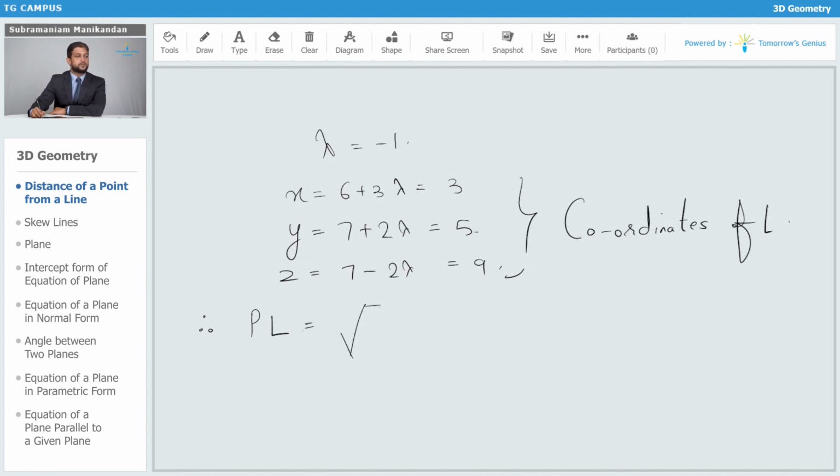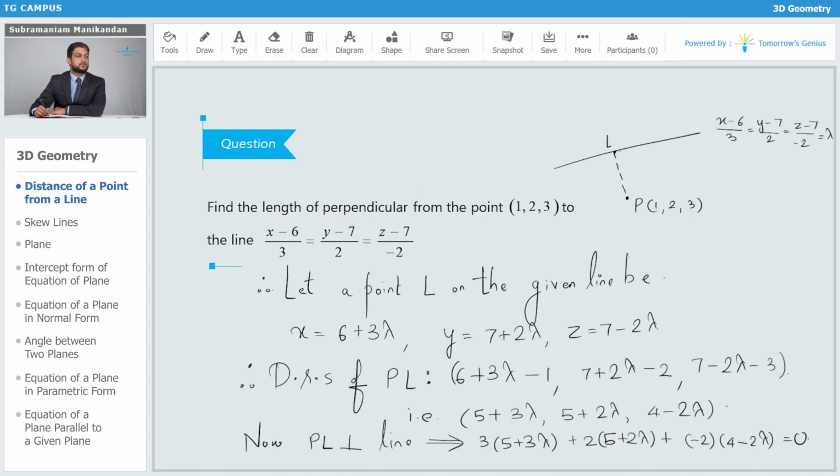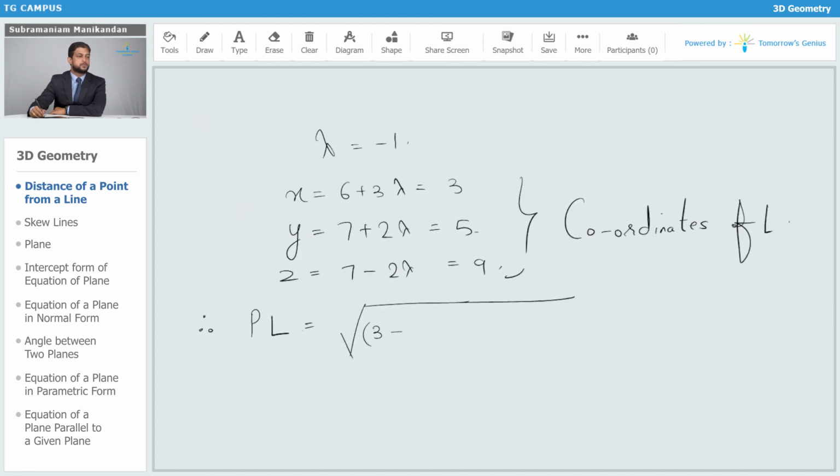Therefore, PL will be the square root of (3 minus 1) the whole square plus (5 minus 2) the whole square plus (9 minus 3) the whole square.